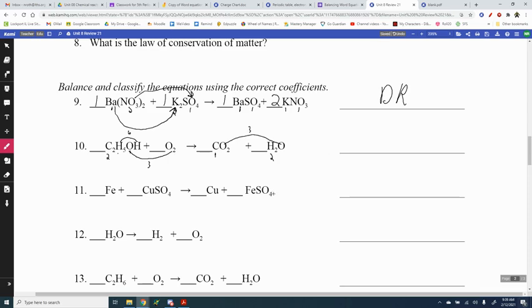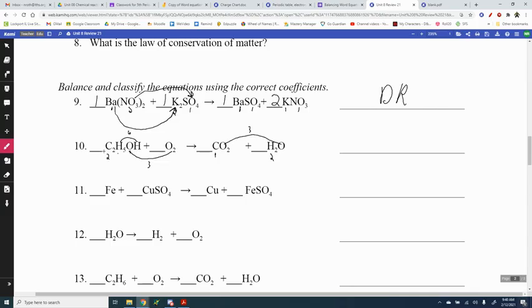Okay, so this is not balanced. So again, like I was saying before, when you have something in two different places on one side, it's best to save it for last. So these oxygens that are in two different places here, we're just going to save those for last. We're going to balance other stuff first.